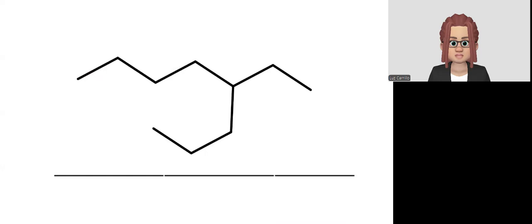Now I'm going to number it, starting from the end that is closest to a substituent. That means that my parent chain in this occasion, let me just highlight it, is an octane.